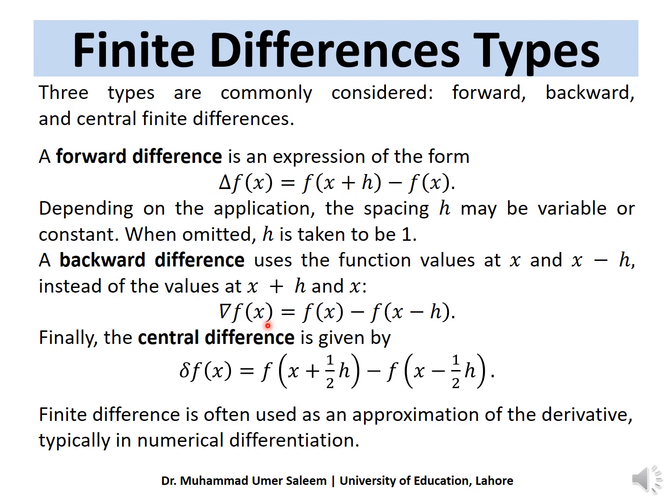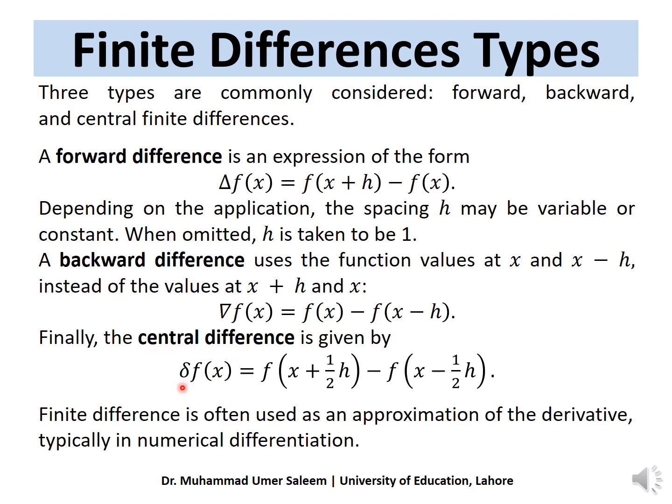But in the case of backward difference of certain value, you have to subtract the previous value from that value. So the finally last difference of our concern here in this lecture is central difference.